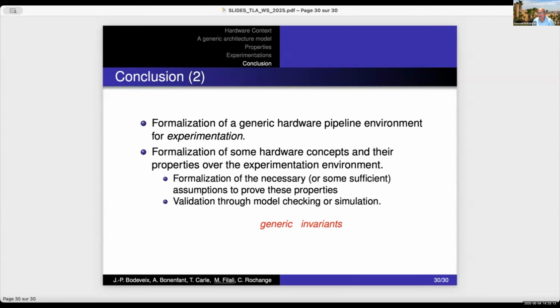And for validation, we want to be able to make validation through model checking or simulation. And of course, as usual, this work relies on the fact that we have to exhibit the generic invariants for the generic architecture we have proposed.